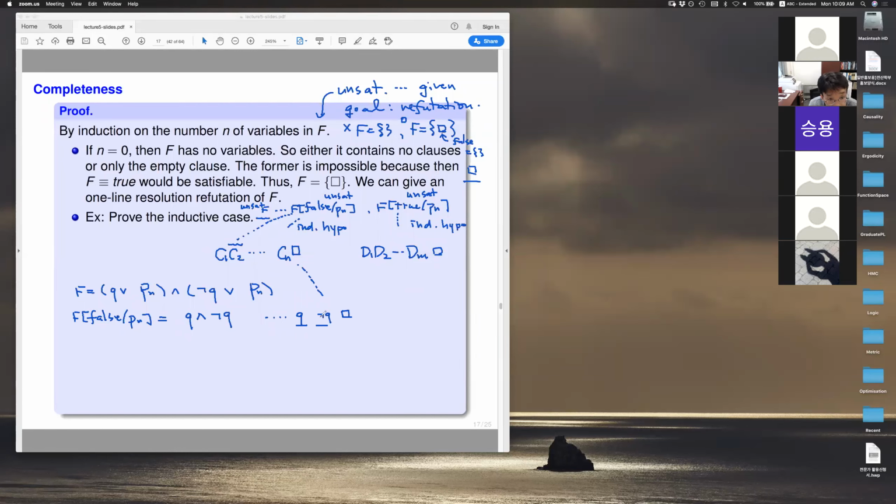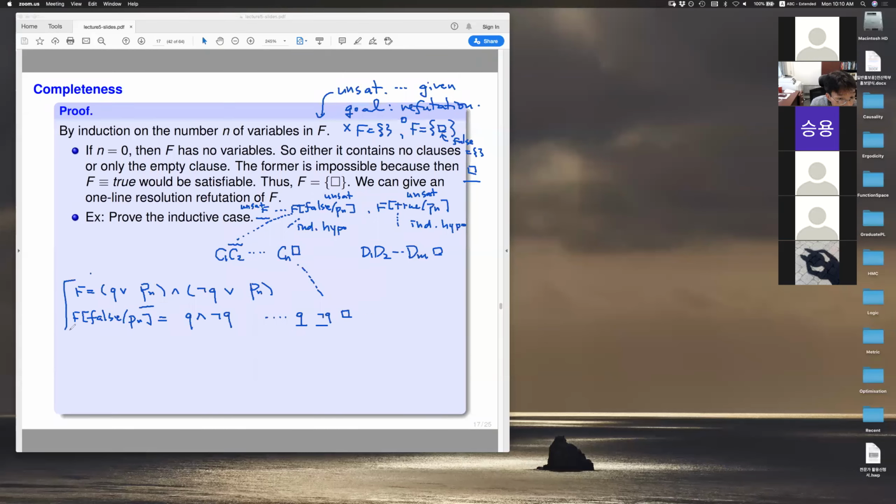So one possible problem is some of the clauses we use in this derivation. If the same clause appears in F, then there is no problem converting this derivation to a derivation in F. But some clauses like Q do not really appear in F. Instead, what appears is Q together with the disjunction of Pn.